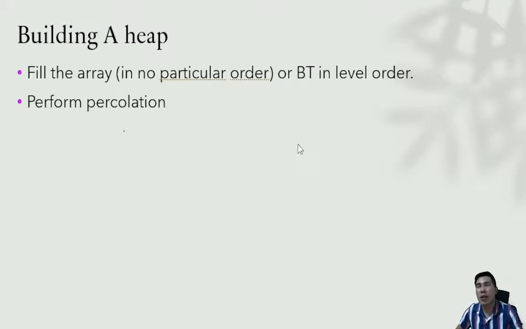In our previous discussion we tried inserting a node into an existing binary heap. We just insert it in level order to keep it a complete binary tree, and after that you perform percolation up, following the heap order property.